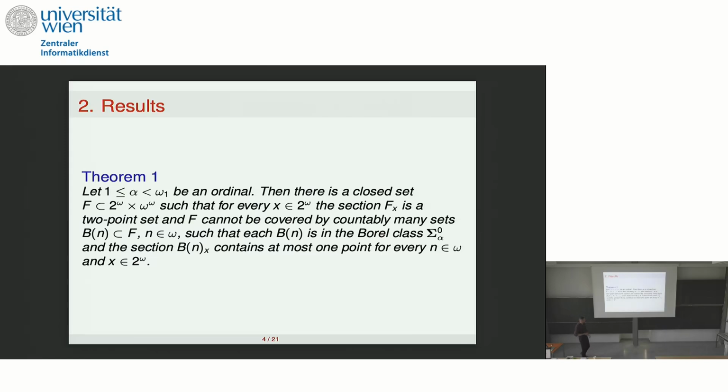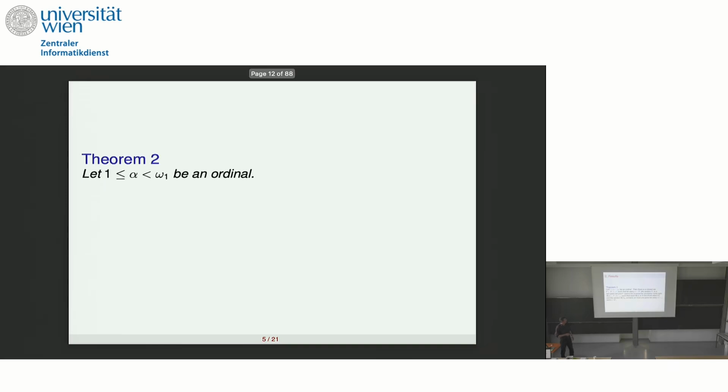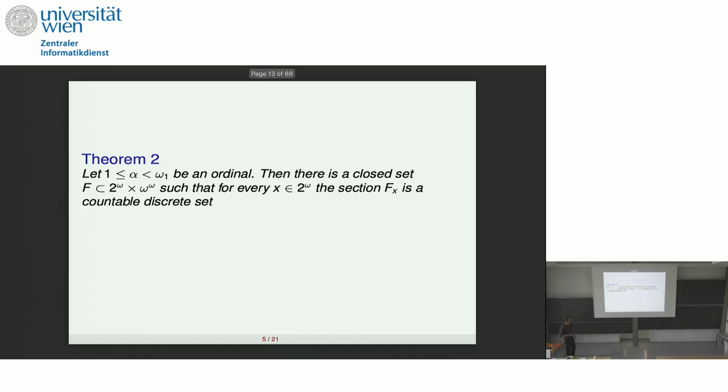Okay, so this is a result related to the Luzin-Novikov theorem, and for the Saint-Raymond result, we have the corresponding theorem too. Again, alpha is a countable ordinal, and for this ordinal we can find a closed set F, again in the product of the Cantor space and Baire space, such that for every x, the section Fx is a countable discrete set.